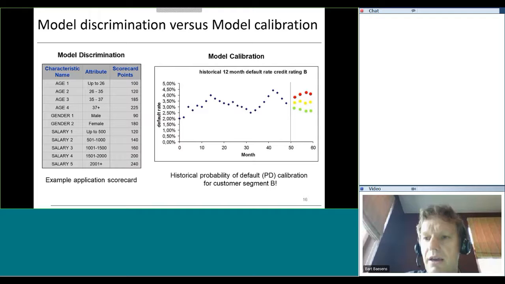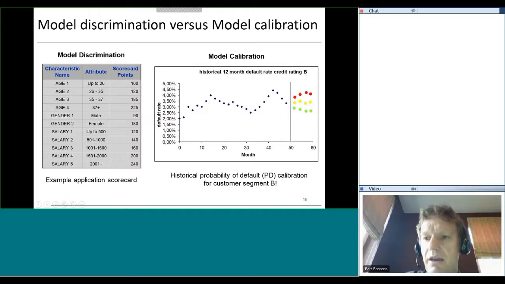However, by adding the second level onto our risk model architecture, we also need model calibration. That means that we have to group obligors based upon them having similar scores into a rating. A rating like rating B, which is going to tell me what customers are similar in terms of their scores and hence in terms of their credit risk.